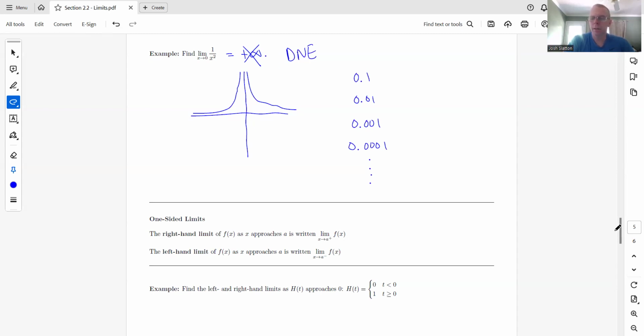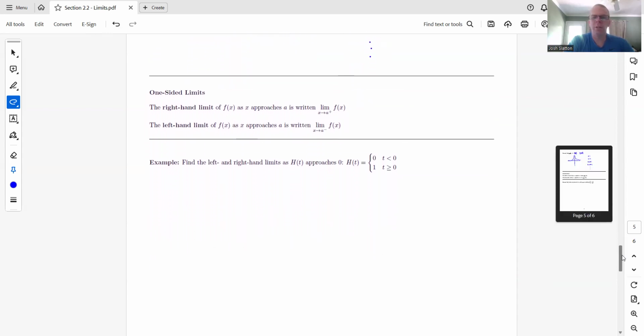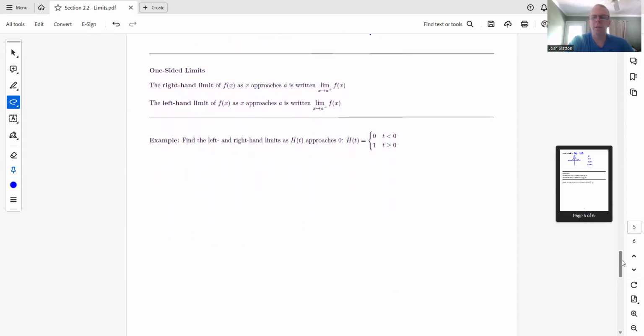All right, so the last topic for this section is called one-sided limits. I've mentioned sides, coming from the right side or coming from the left side. So we use this notation, the right-hand limit, x approaches a, and then we have the little plus sign because we're coming from the positive side.